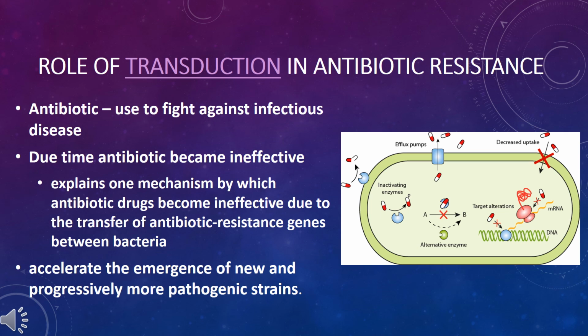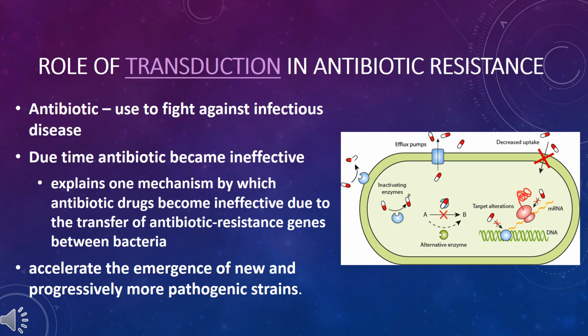These newly acquired genes may prevent the antibiotic from entering the host cell, pump the antibiotic out from the cell, or destroy the antibiotic by an enzymatic reaction inside the cell, or even modify the antibiotic's target so that it no longer binds with the antibiotic.